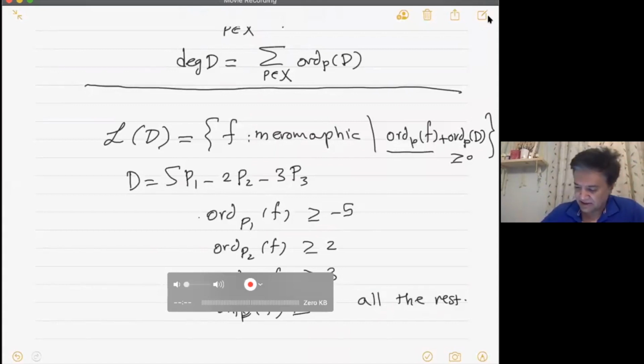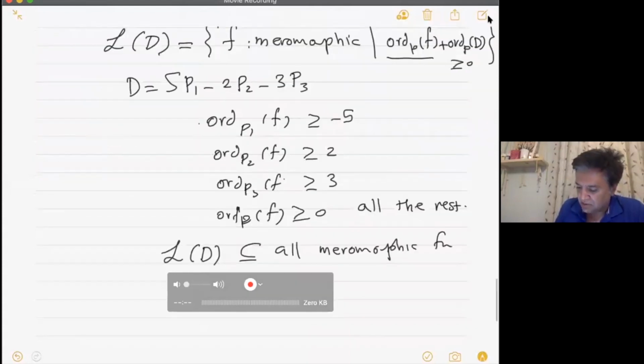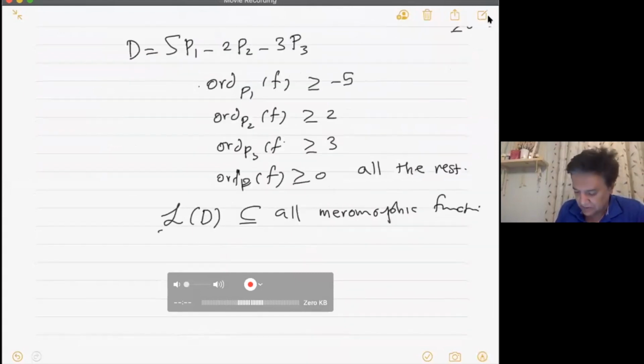So L of D is a subspace inside all meromorphic functions. And what Riemann was interested in was, what is the dimension of this?